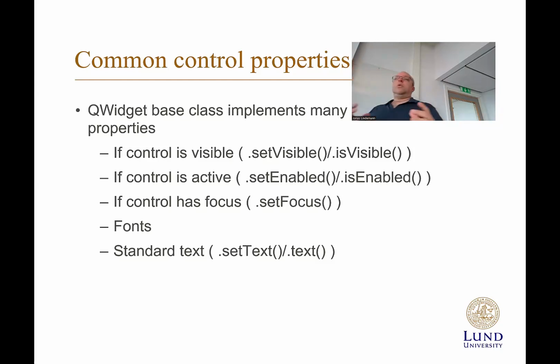If you have a text control, you can move the cursor to it using set focus. That will focus the text control and make sure the cursor is blinking in it. And if you have a control that can handle text, usually the method is called set text to set the text and text to retrieve the text from the control.